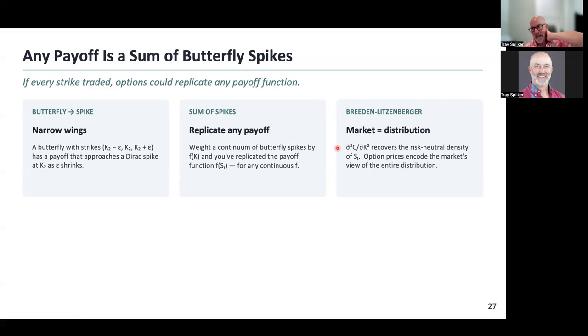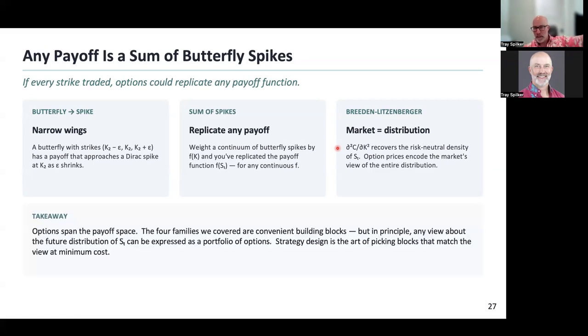So, bringing it back to today's lecture, we've got these four families: bond plus an option, stock plus an option, spreads and combinations. These are just convenient building blocks to explain the different possible payoffs. The real power is in the linearity, in that the options can span the entire payoff space. So any view about future distributions of the underlying can be expressed by combining them together.